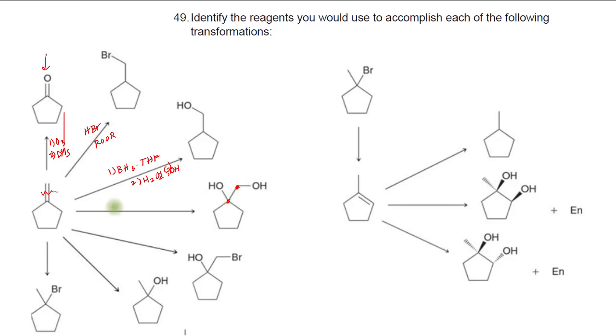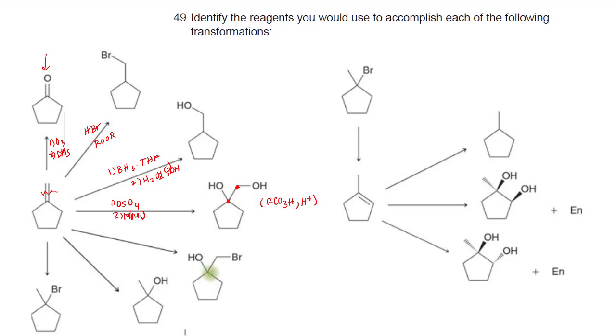So that could be a diol. You can use OsO4 and NMO. Because the stereochemistry here is not indicated, you could also use RCO3H followed by acid. So that's another way to do it.